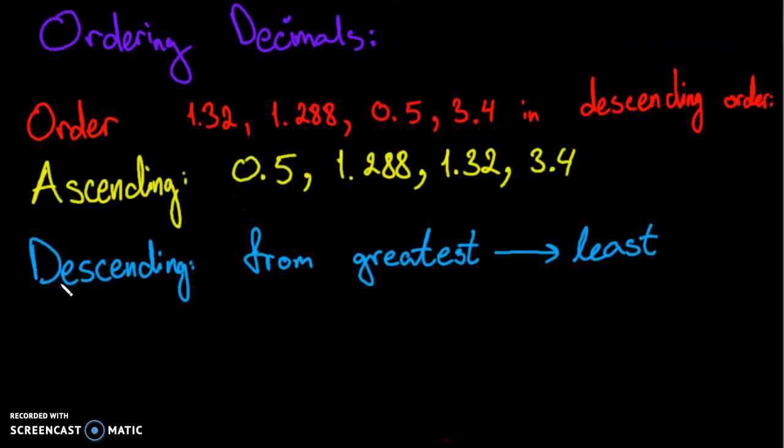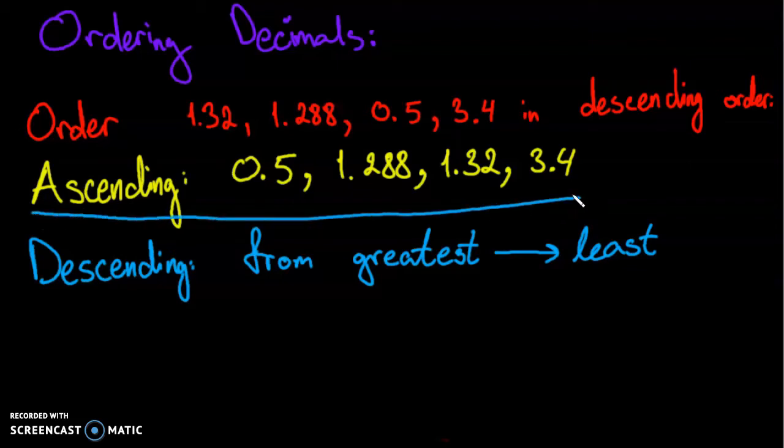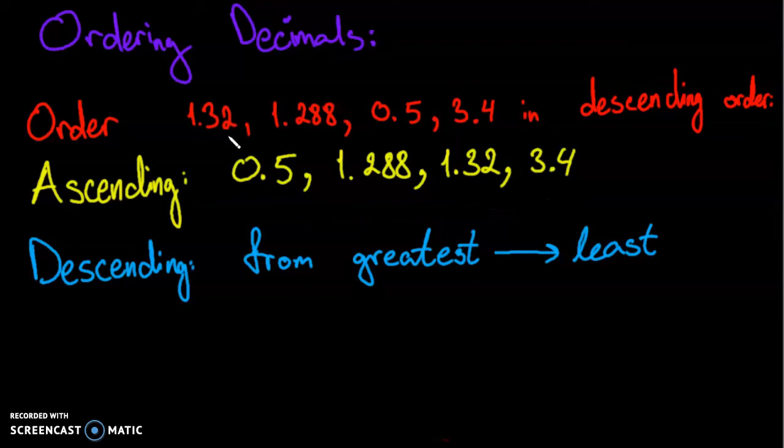Now we need to look at the descending order. The descending is the opposite. We go from greatest to least. Now, because we already have the ascending order, we don't have to compare them again. We can just read them from right to left.